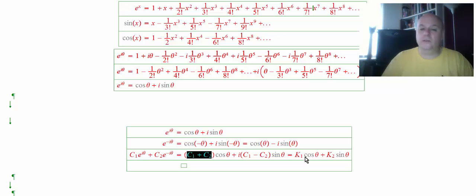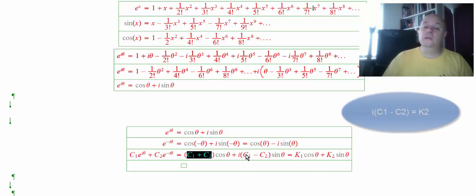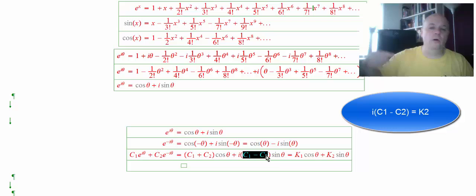C1 minus C2 times i is real because I called it K2. So C1 minus C2 must be purely imaginary, and when I multiplied that purely imaginary number, like 7i or something, times i, I got a real number, K2.